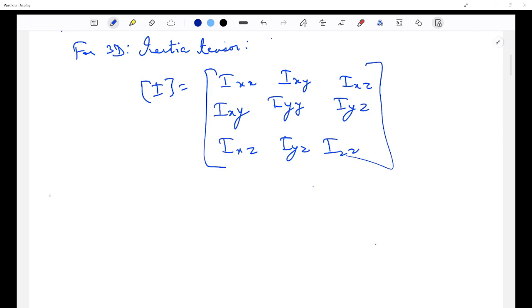And what are the elements of the inertia tensor?